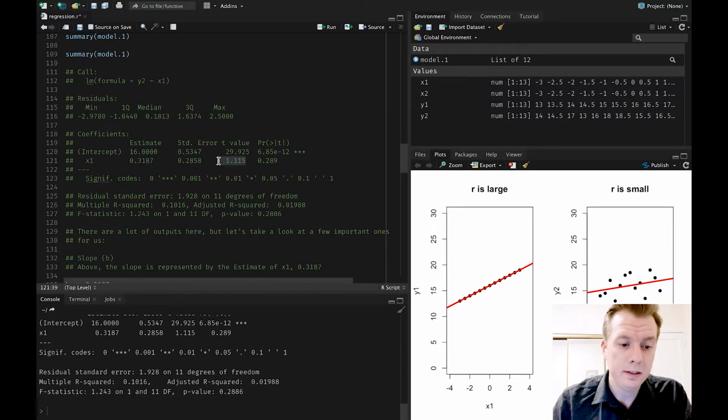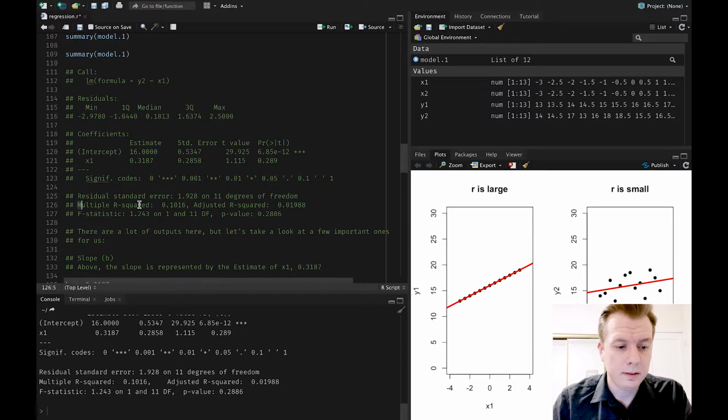Our t value that was calculated for us was 1.115, and our p-value is 0.289, which is greater than 0.05, and therefore not significant. So our regression is not significant. This shouldn't be that surprising because our correlation was also not significant.